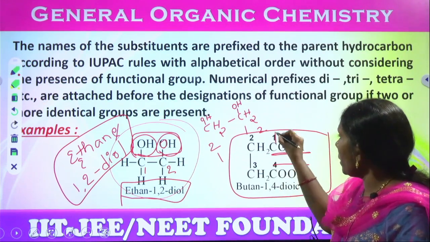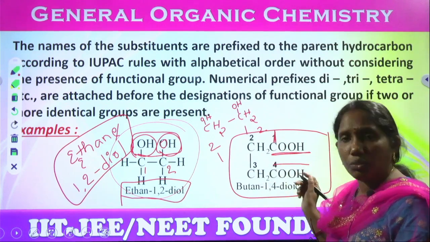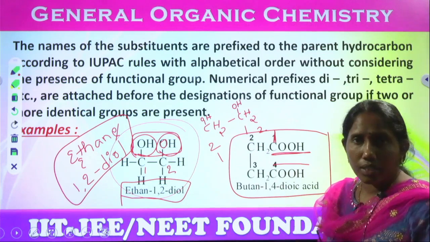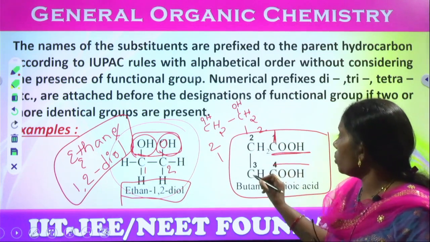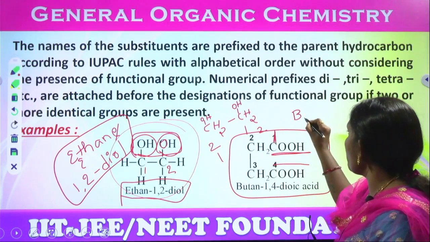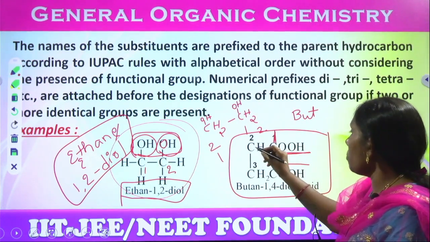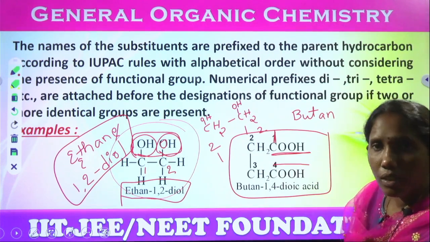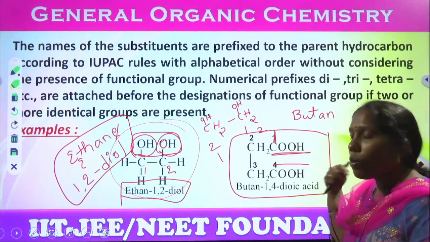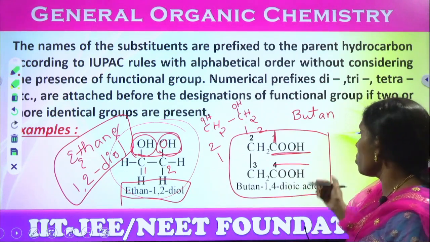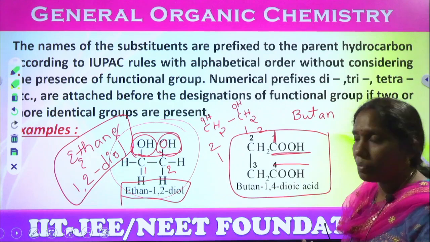So we will give numbering from any side. If you give this side, the compound is same, both sides. So it is 1, 2, 3, 4. So total how many do we have? 4 carbons, but single bonds between the carbons, so ane, I dropped the E. At what positions do we have oic acid, means carboxylic group? At 1 and 4 carbon.